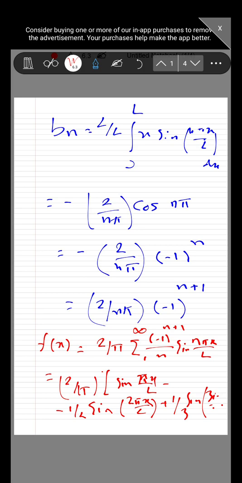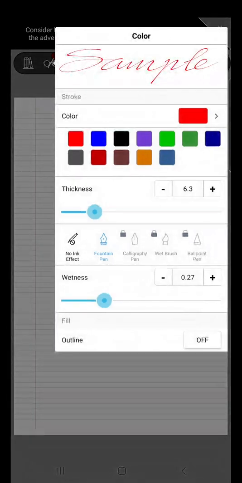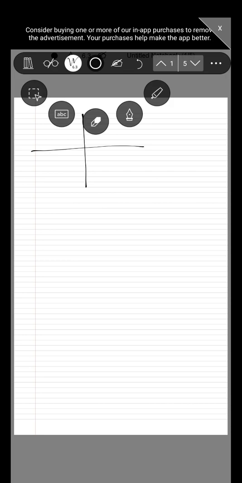So if we draw it graphically, for the first 3 terms it will look like this.